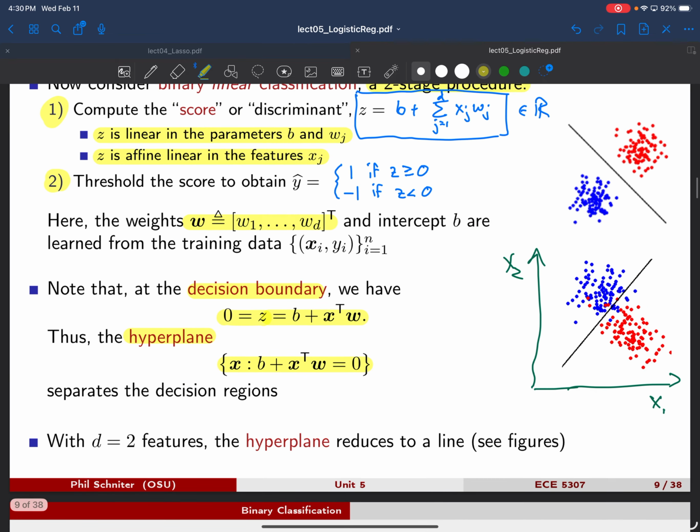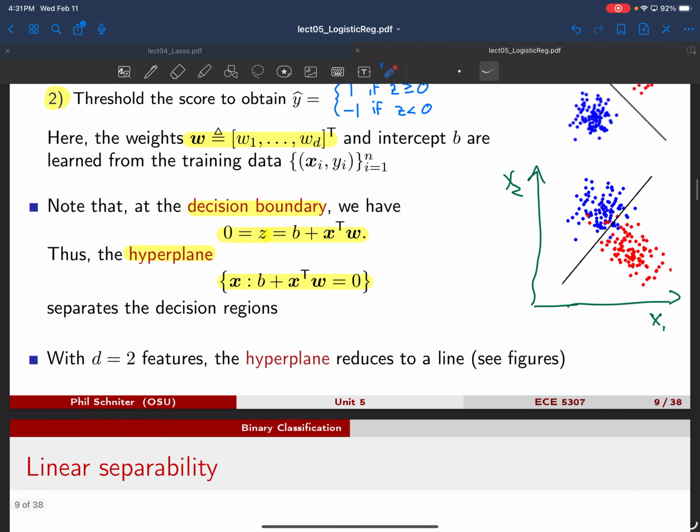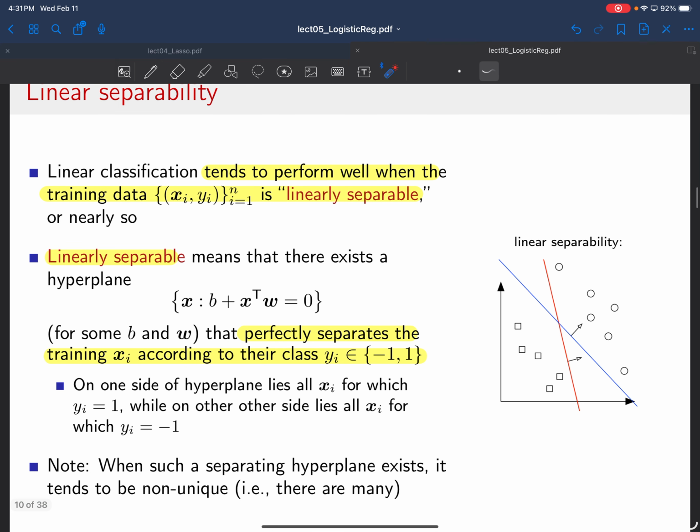So coming back, here we have linearly separable, here we don't. It's impossible to find any linear boundary that perfectly separates this data because the data overlaps there. Okay, so is the idea of linear separability pretty clear? In practice, most real world data sets are not linearly separable. That would be too easy.